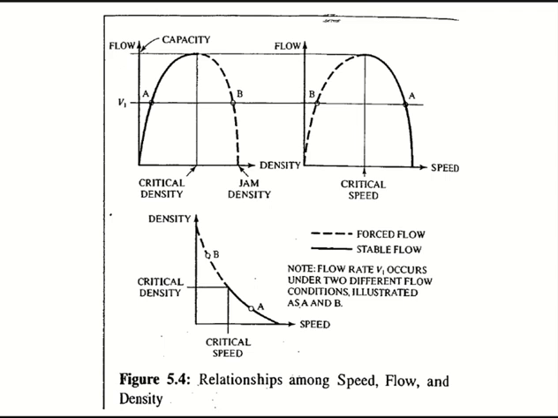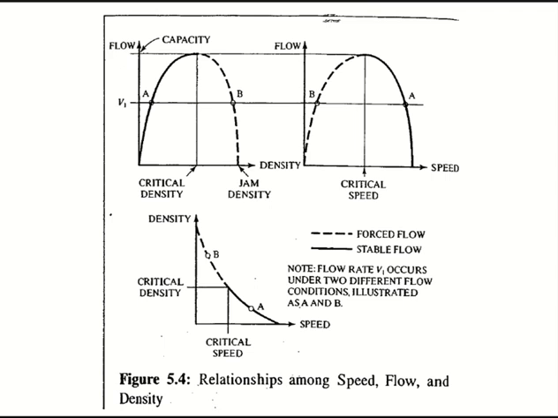Now the road is designed for the vehicles to do what? To drive, for the vehicles to move. But there may be many vehicles on the road that are not moving.